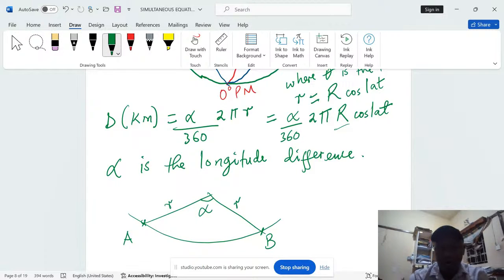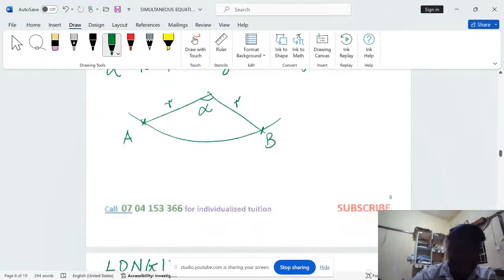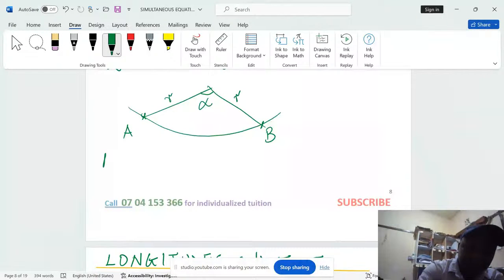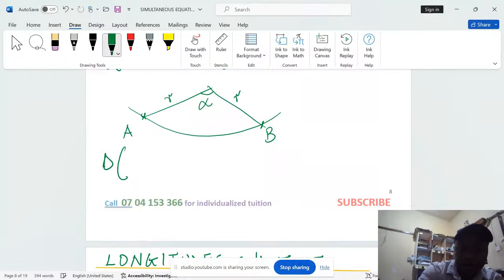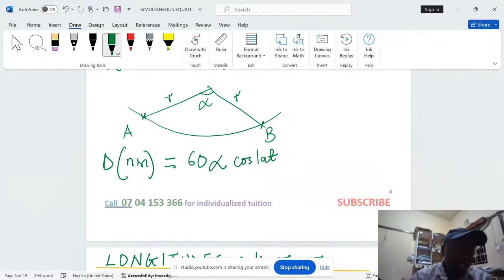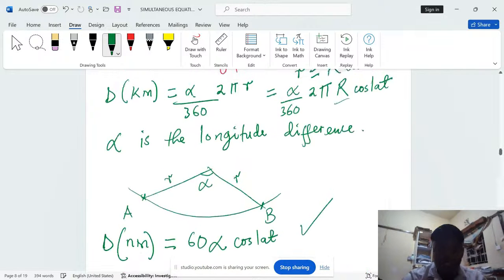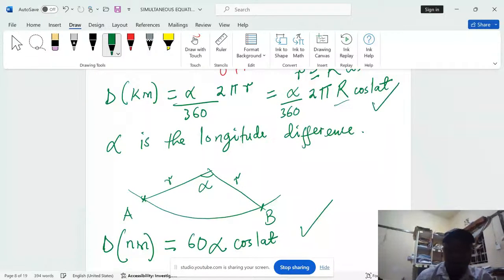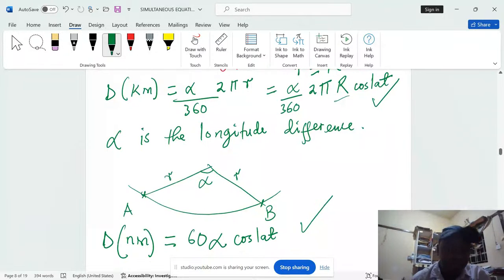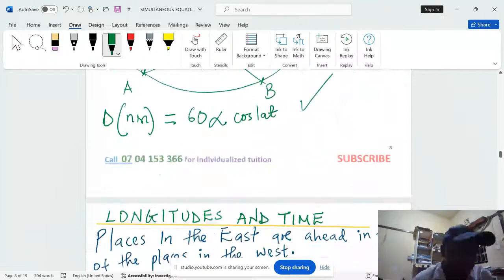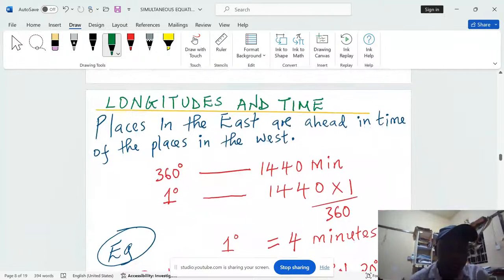We can also talk about a distance along a small circle in nautical miles. This will be given by 60 multiplied by alpha cosine of the latitude. So distance in nautical miles along small circles, distance in kilometers along small circles, those are very key formulas.